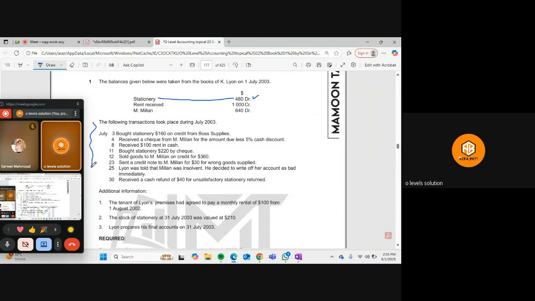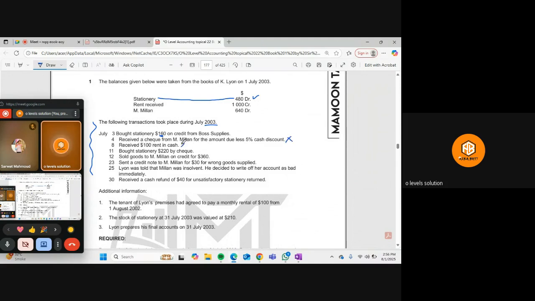And then we will see these transactions. The following transactions took place during July 2003. Bought stationery $160 on credit from the post suppliers. So we will be recording this on the debit side. Received a check from M Millen. So this is not related to stationery account.